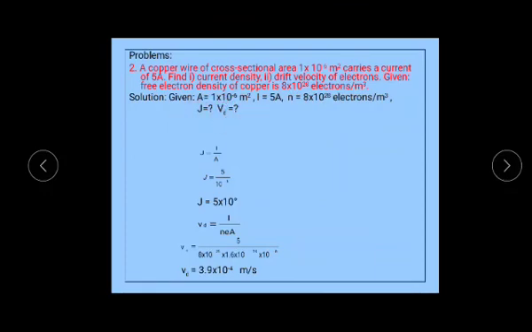So, according to the definition, current density J is equal to what? I by A. Now, substitute the value of I. I is how much? 5 ampere. Area is 10^-6. Very simple calculation. Minus 6 shifted to the numerator, it becomes plus 6.